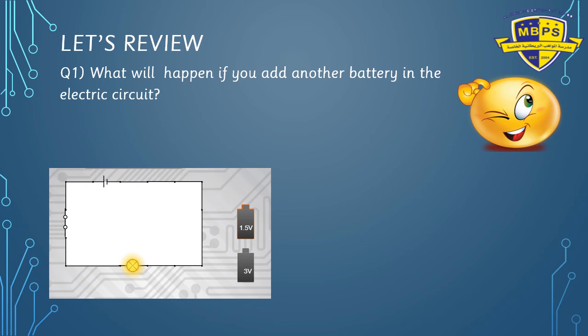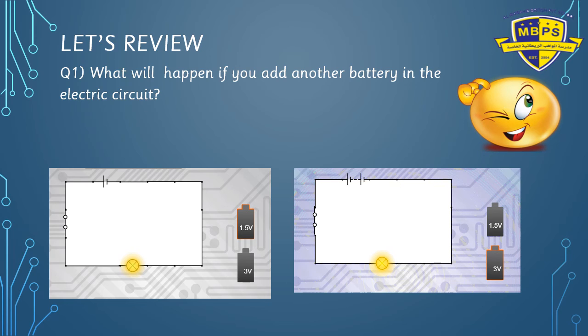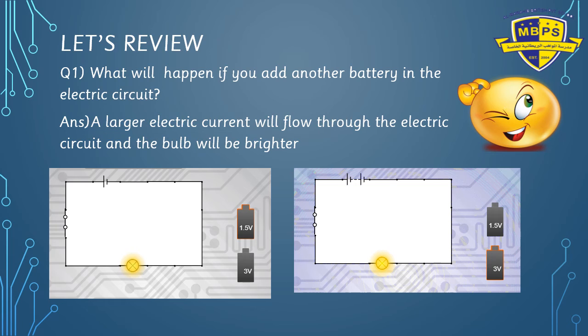Can you guess? What do you think? Look carefully, I'm giving you a hint. I've added another battery. What is going to happen? A larger electrical current will flow through it, so the bulb will be brighter. Very good.